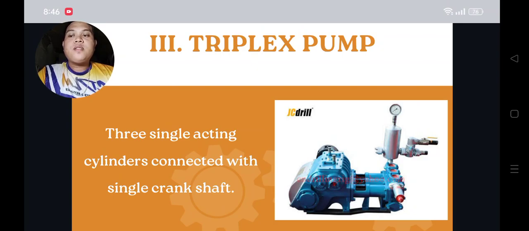A triplex pump means it has three cylinders that each work one at a time to move the liquid. Like the duplex, the three cylinders are still connected to a single crank, but it is better than the duplex because three cylinders process, while the duplex has two. One cylinder fills with liquid, another discharges, and while one is discharging, the other is ready to switch and fill again with liquid. An example is a mud pump.